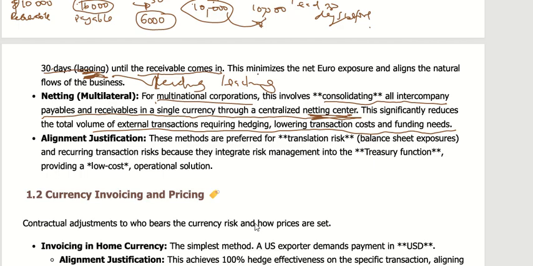Imagine we have subsidiary A, who owes B, let's say it owes B 10 million.